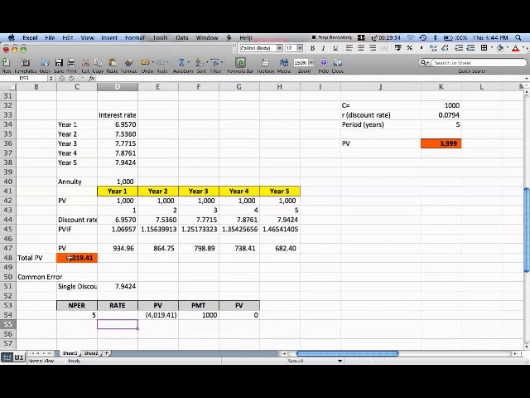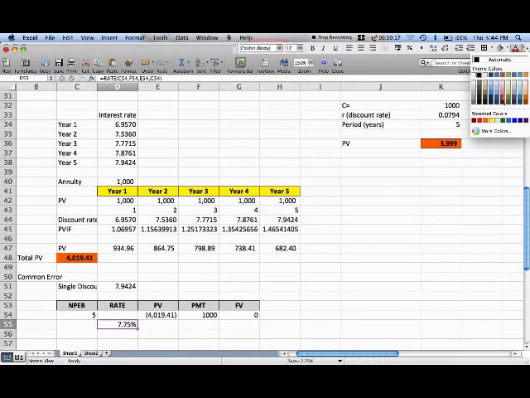And then we can apply the rate formula. Rate is nper, PMT, PV, and then 0. And you can see that this gives us 7.75%. Okay, let me highlight that. And then I put it in bold.